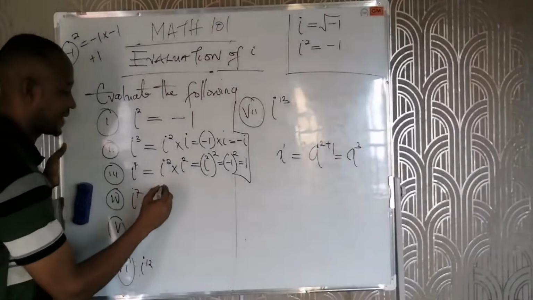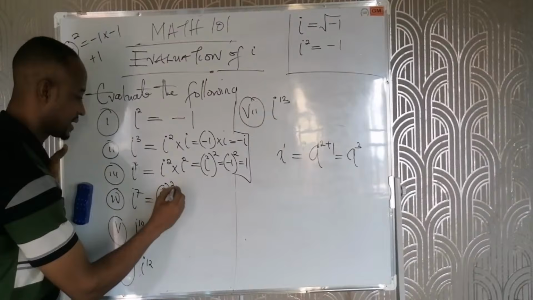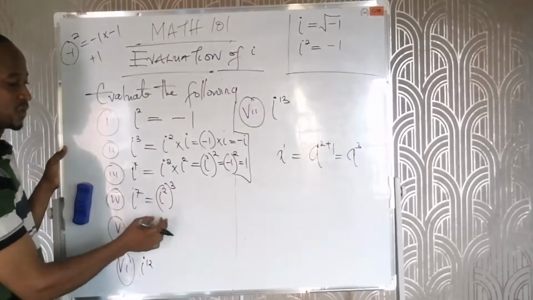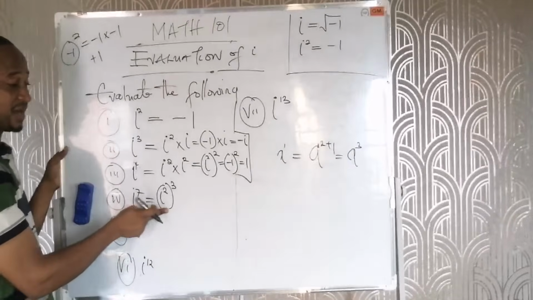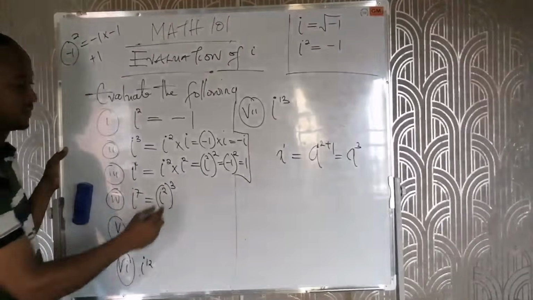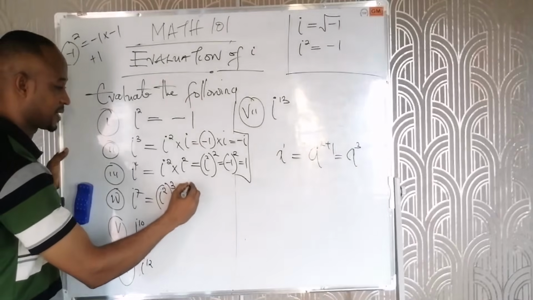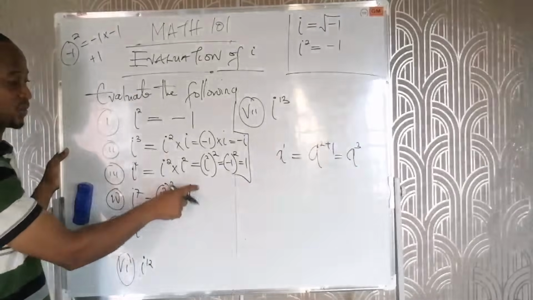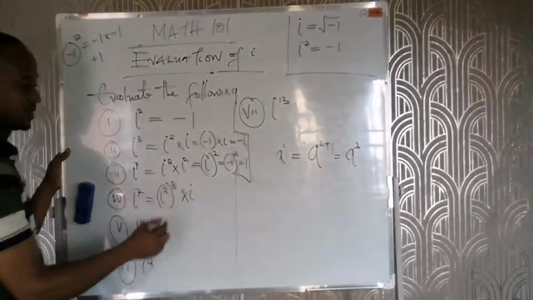So here I can say i squared raised power 3, right? Because 2 times 3 will give us 6. So the power of i is 6. I need an extra i to make it 7. So here will give us times i. So 2 times 3 will give us 6, then plus 1, which is 7.